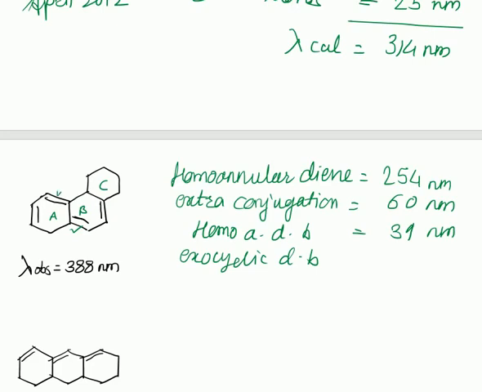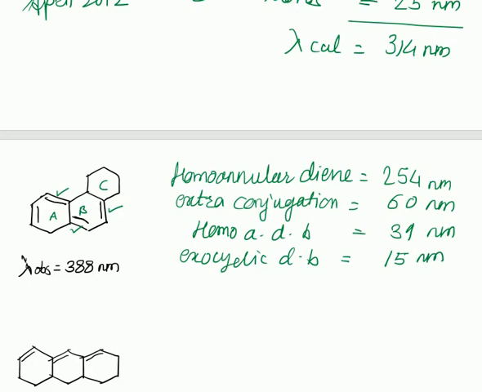Then this substituent is also contributed towards this and this one. So 1, 2, 3, 4 and 5 substituents are there. Total 5 substituents, and each contributed by 5. So total contribution by substituent is 25 nanometers.